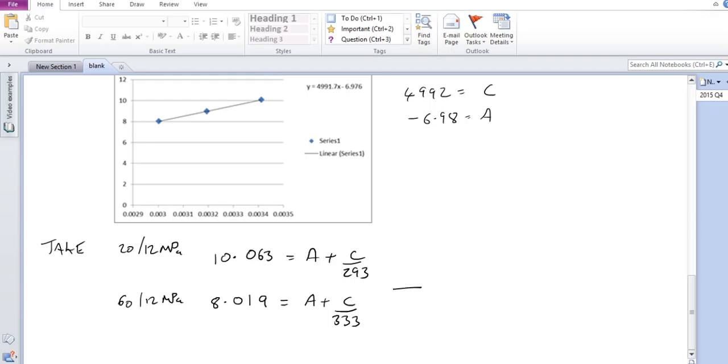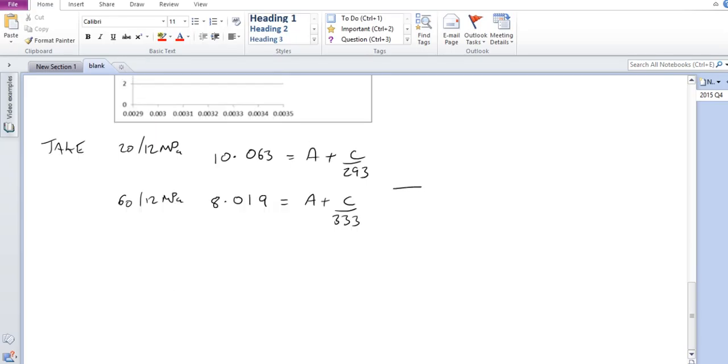And if we then just subtract one from the other, what we end up with is the difference between these, 2.044. The A's subtract from each other, so that's C times 1 over 293 minus 1 over 333.